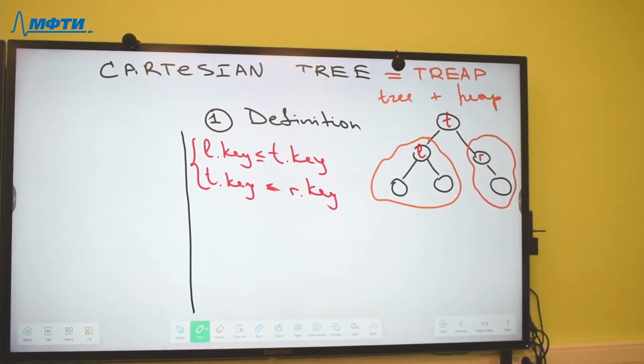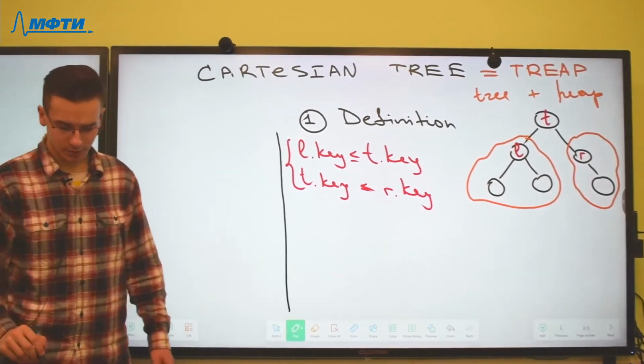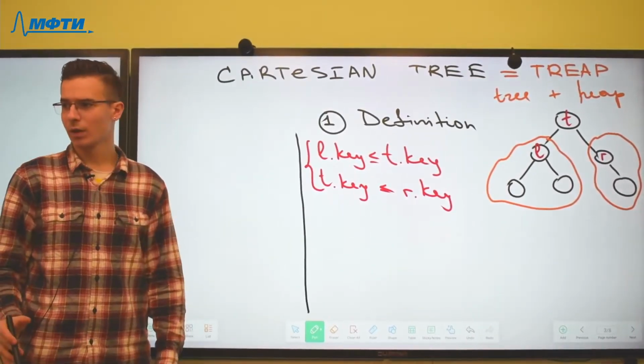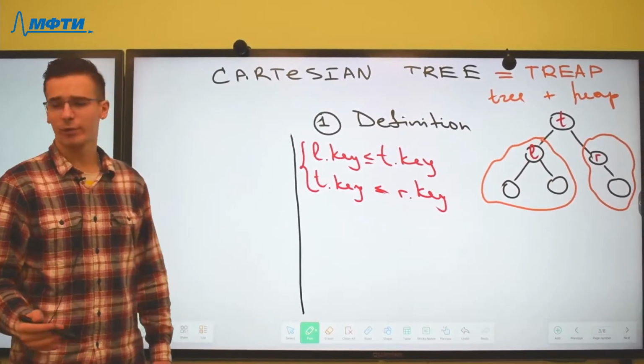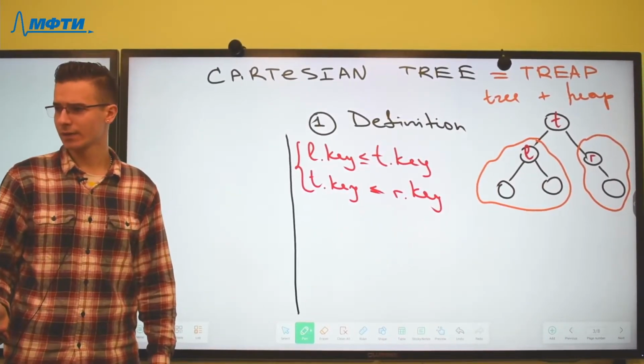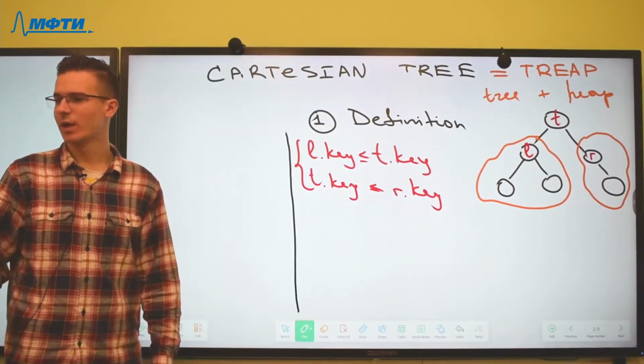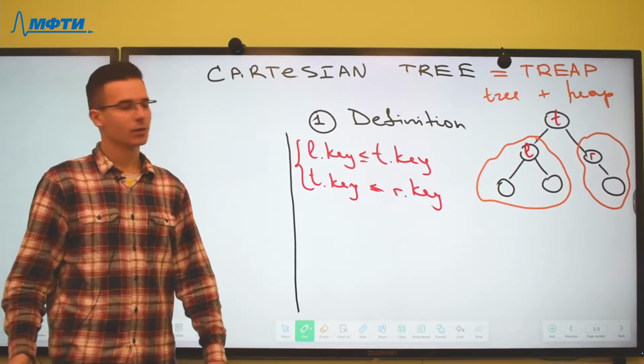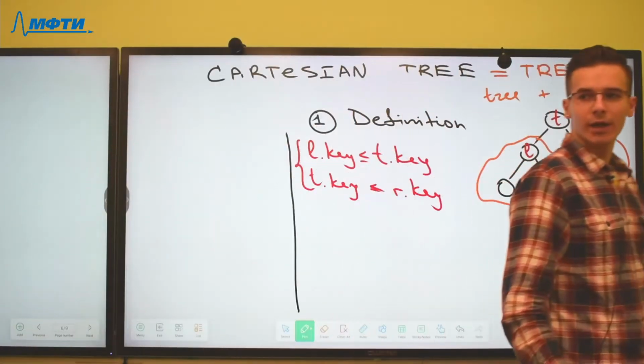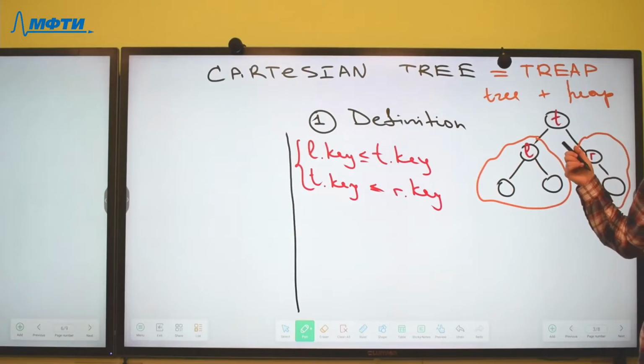Now about the heap property. If we work with a heap, there is one property of the heap, for example the maximal property: the root has the maximal number in it.